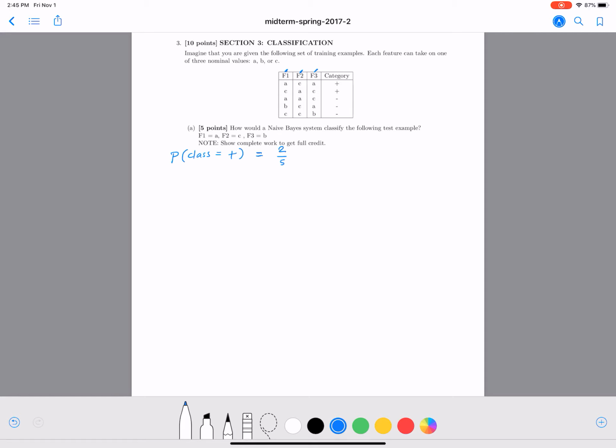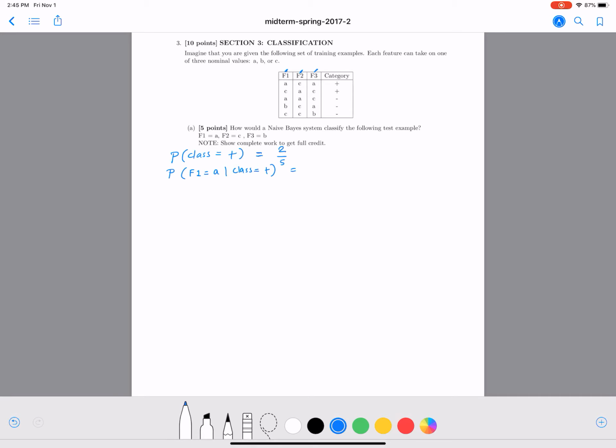Now let's go into each feature and its value. Probability of feature 1 is equal to A given class equal to plus. Now how many are there where feature 1 is A and class is plus?